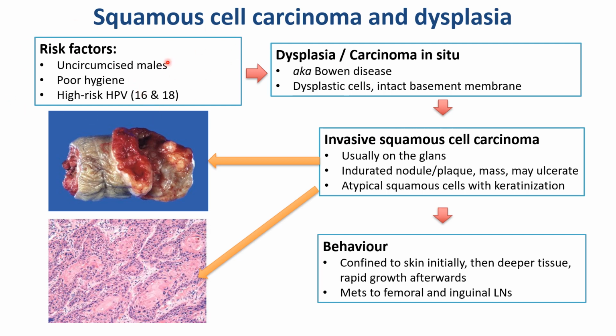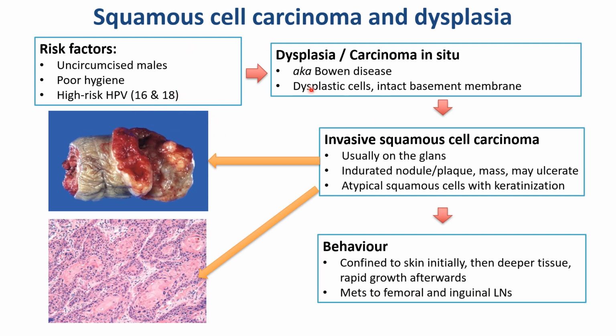The risk factors for developing squamous cell carcinoma of the penis: number one, if someone is not circumcised, if there is poor hygiene, which results in collection of smegma, and that can be the nidus for the development of dysplasia and cancer. There is also a very strong association with infection by high-risk human papillomavirus, HPV, especially serotype 16 and 18.